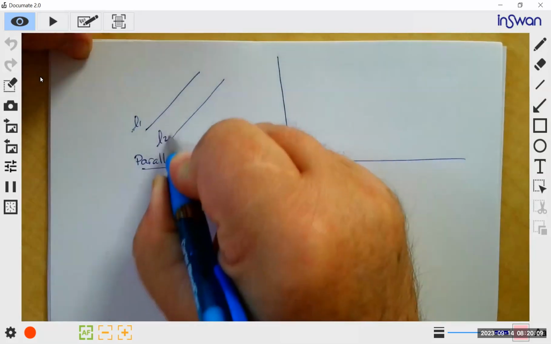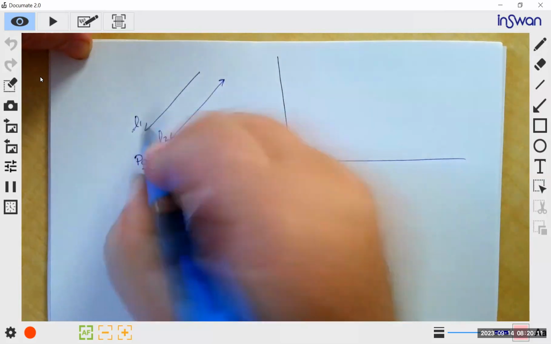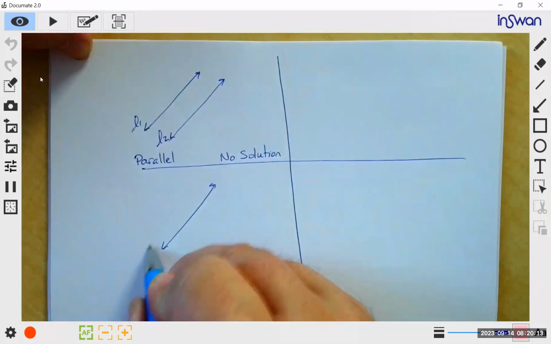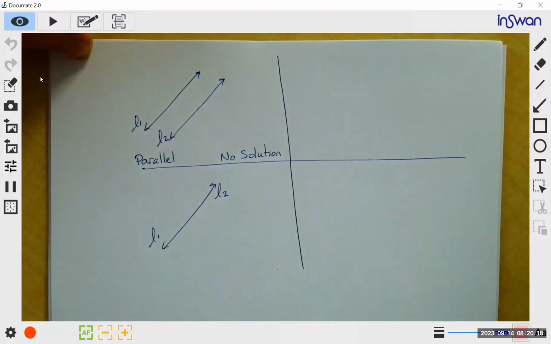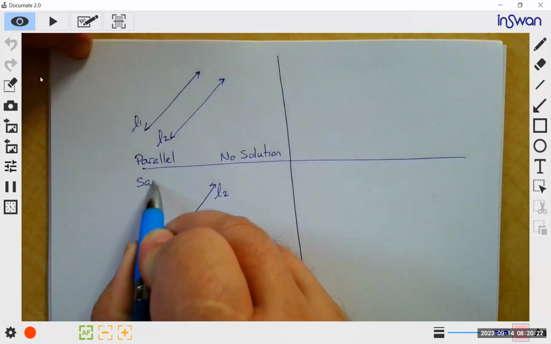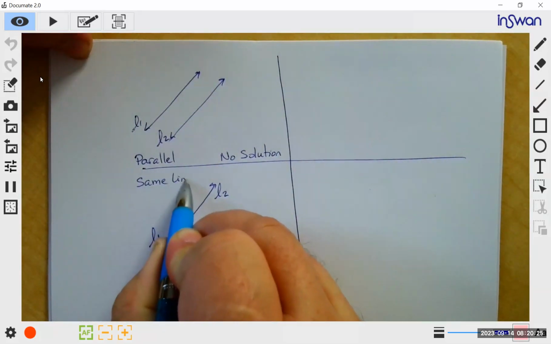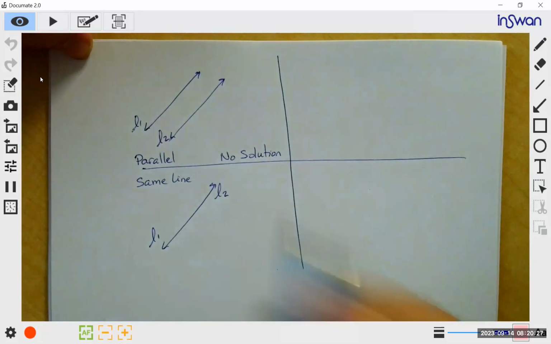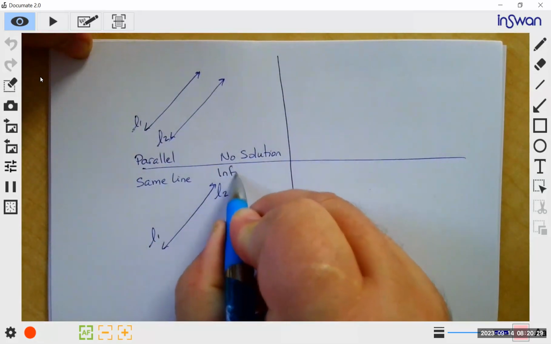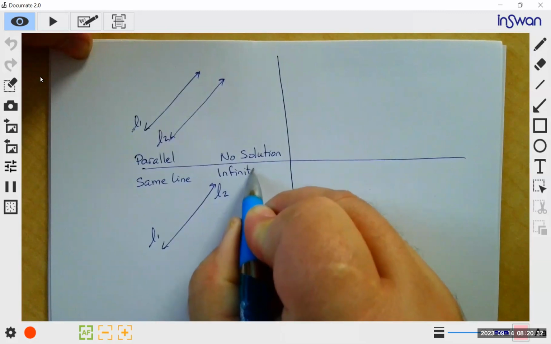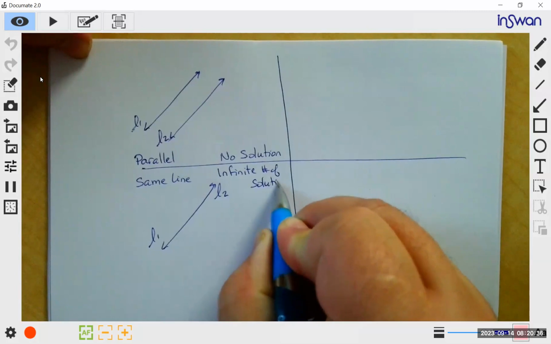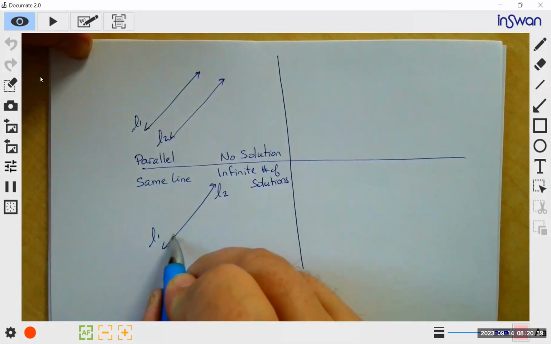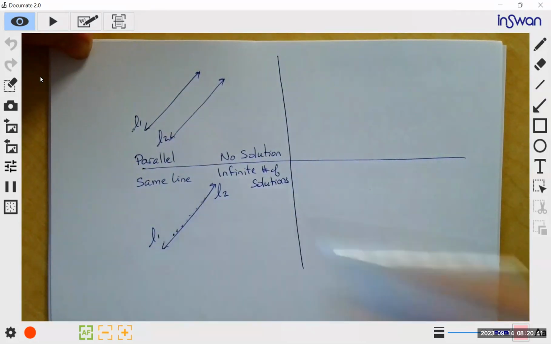These are lines that go on infinitely both ways. Here I have a second case. These are two lines here. They're the same line. This one has an infinite number of solutions. Every point on this line is a solution.